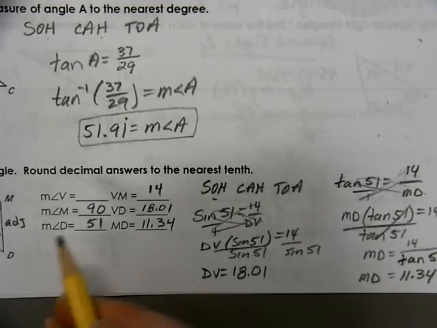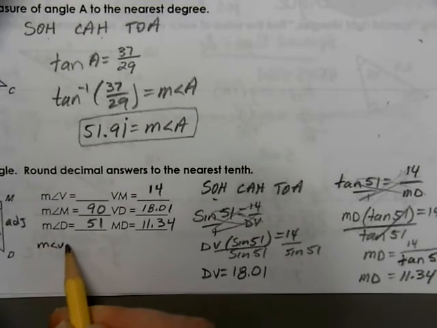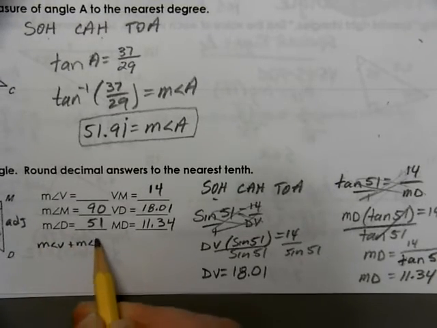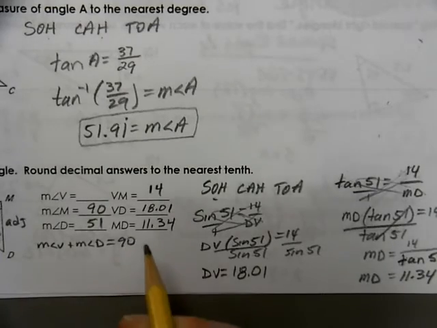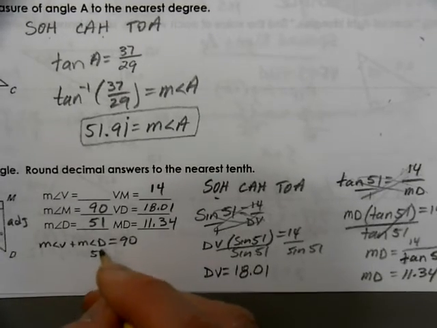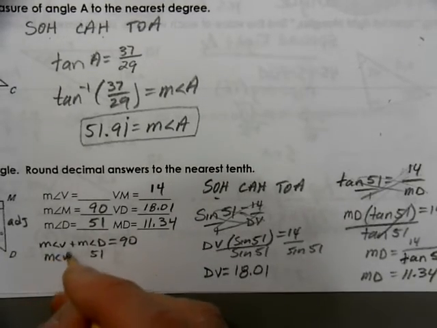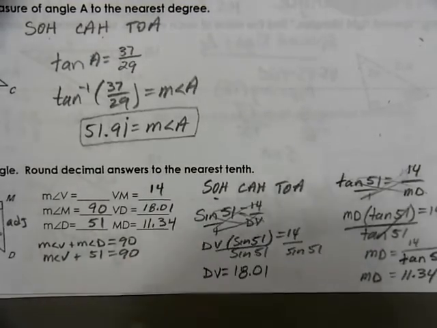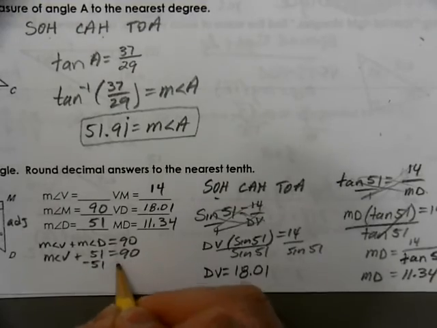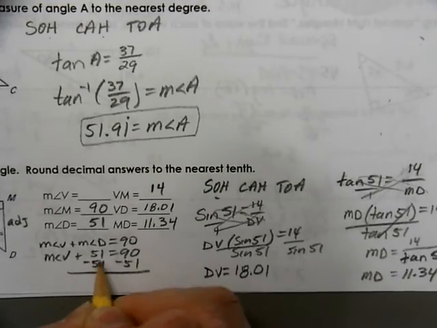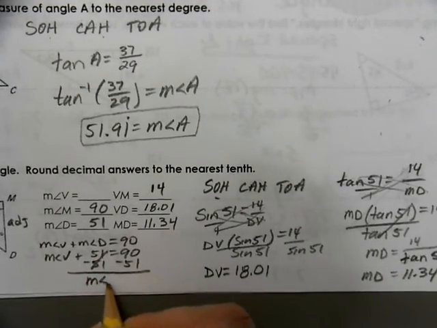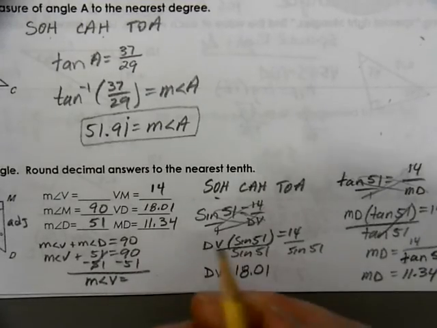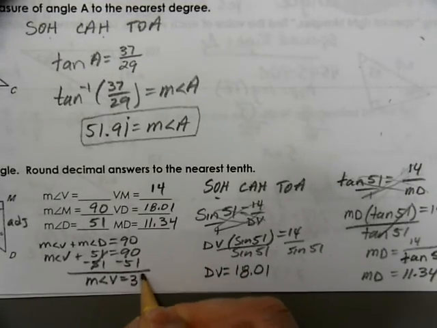Subtract the 90 means that the measurement of angle V plus the measurement of angle D also equals 90. Plug 51 in for D. The measurement of angle V leaves you with 39.